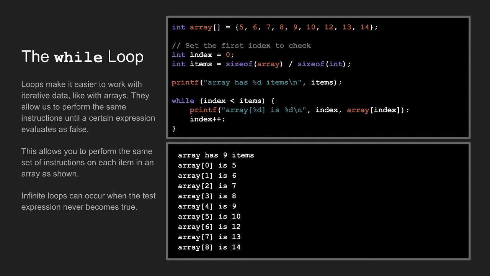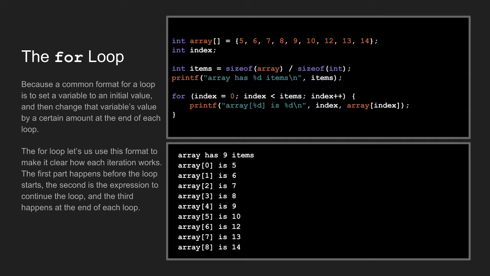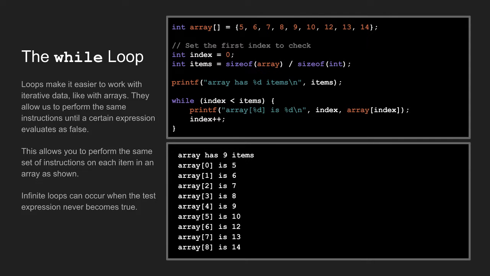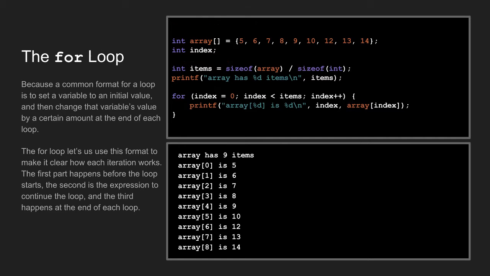Now, because it's a common pattern to loop by having some variable set to a particular initial value, then have it compared every loop to another value, and then at the end of each loop modify that variable by incrementing it or decrementing it or something else similar, we have the for loop, which takes those 3 actions and puts them in one line.